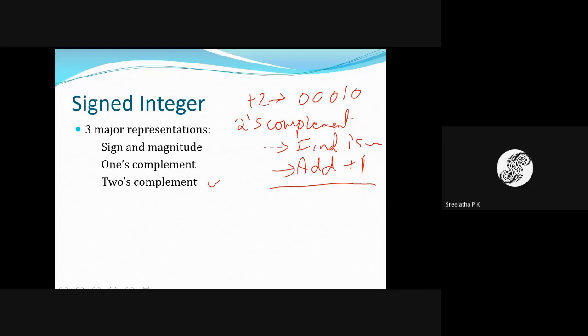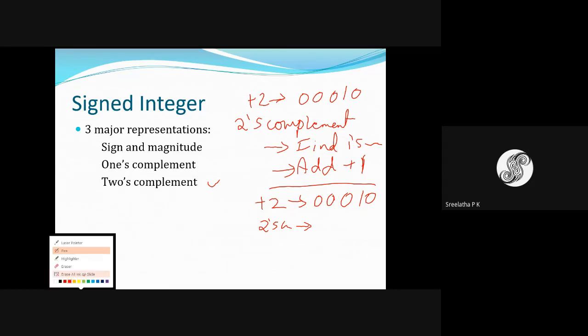Okay, so plus 2 is 00010. I am taking a 5-bit pattern. So what is the 2's complement of this? I'll first find the 1's complement, that is 11101.